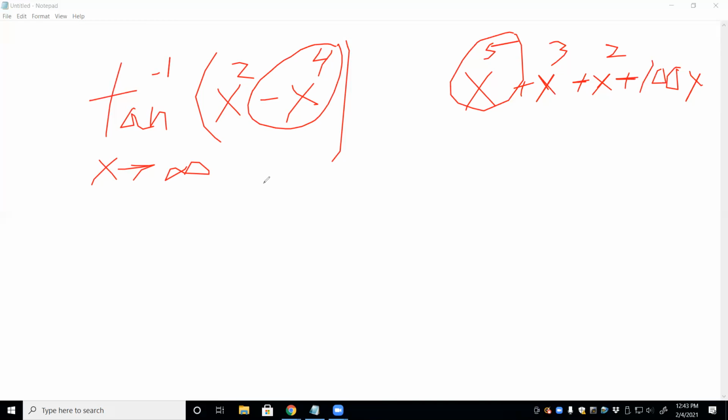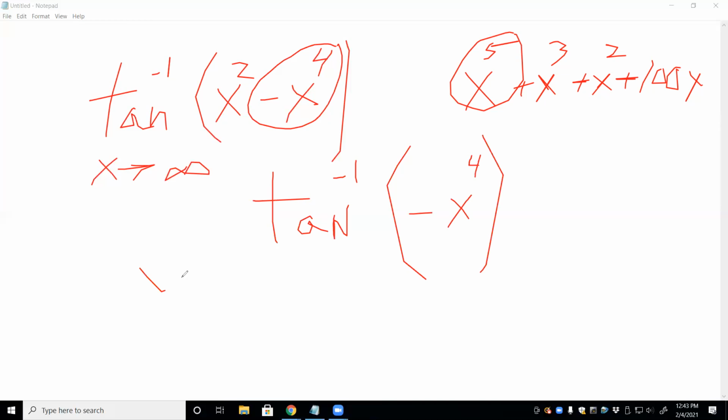So we're going to end up taking the limit of the inverse tangent of minus x to the fourth as x goes to infinity.